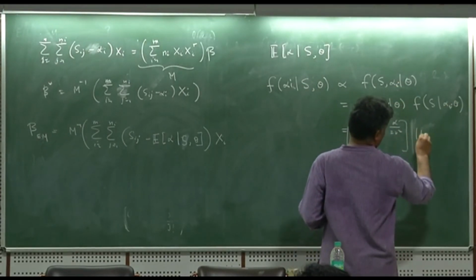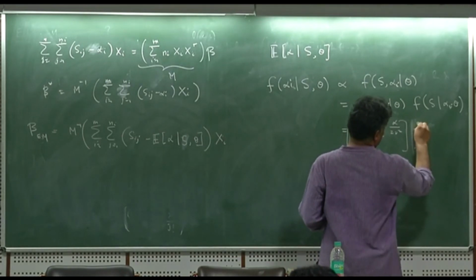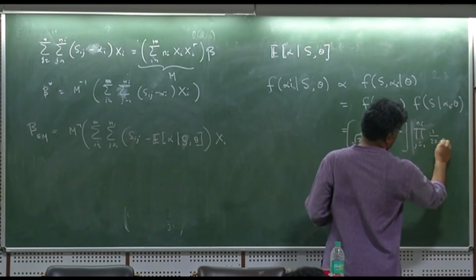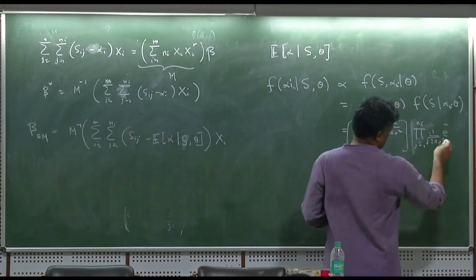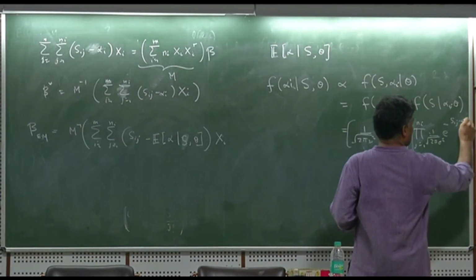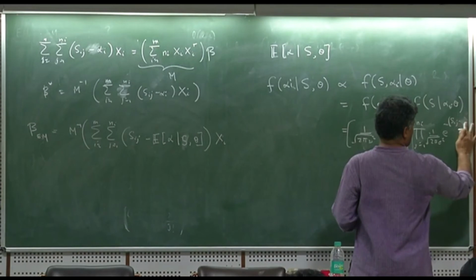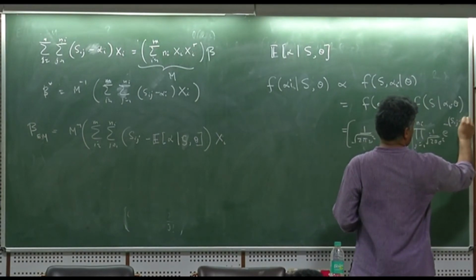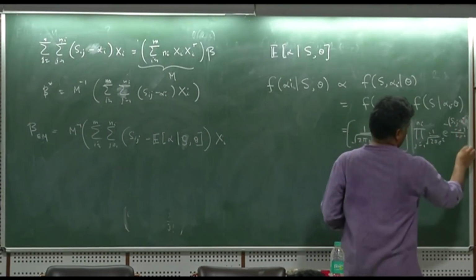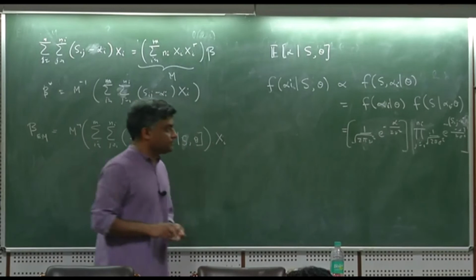This is going to be the product of j going from 1 through ni, 1 over 2 pi sigma squared, square root, e to the minus Sij minus xi transpose beta minus alpha, the whole squared over 2 sigma squared. It's basically normally distributed according to that.